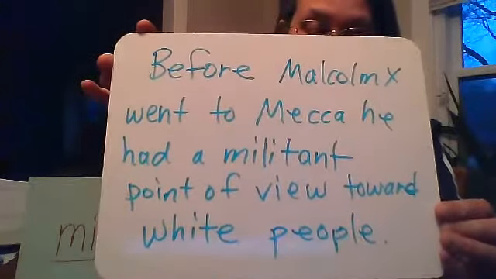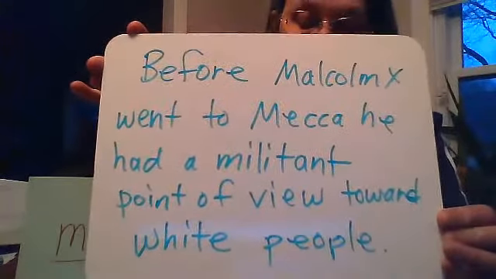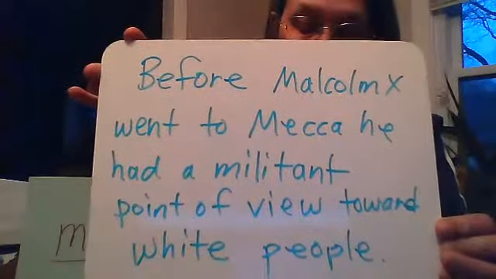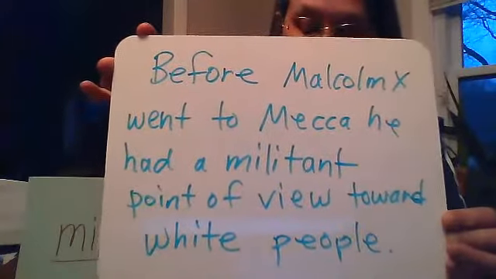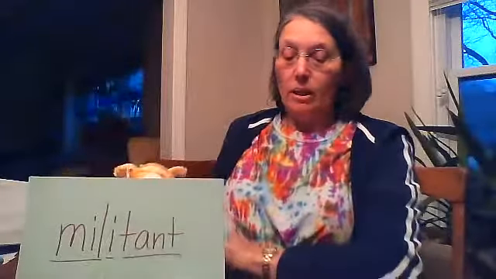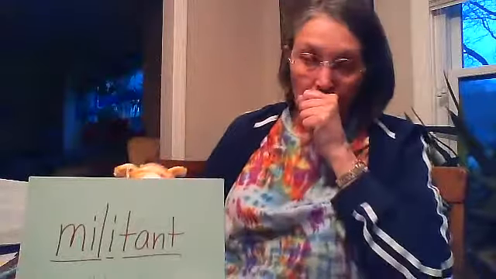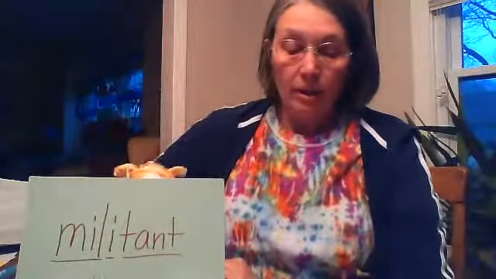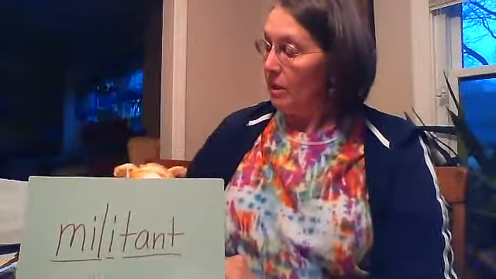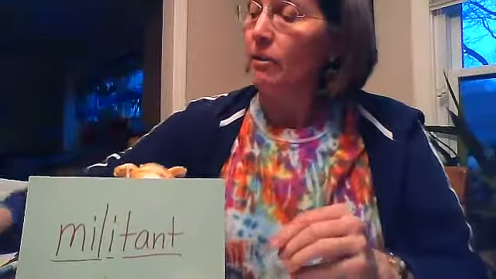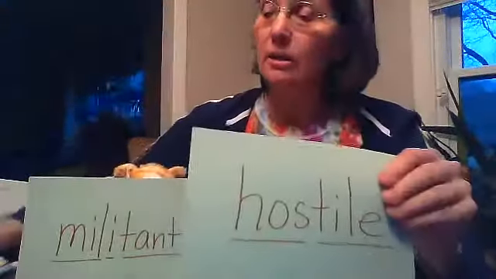Before Malcolm X went to Mecca, he had a militant point of view towards white people, meaning they could be harmed. Very good. So far, we have had hostile and influential, and now militant.